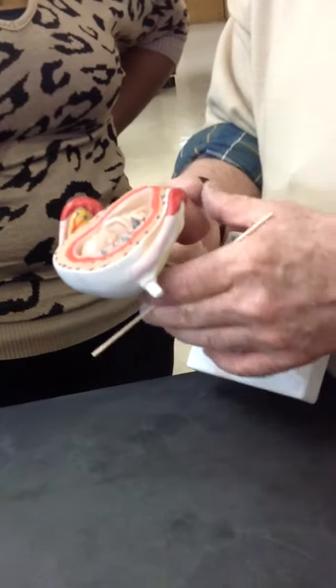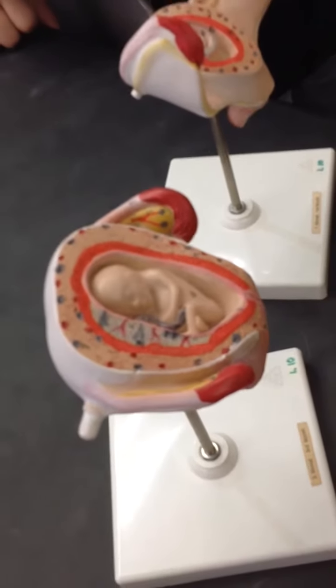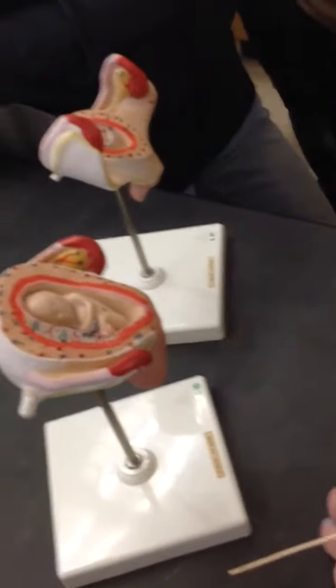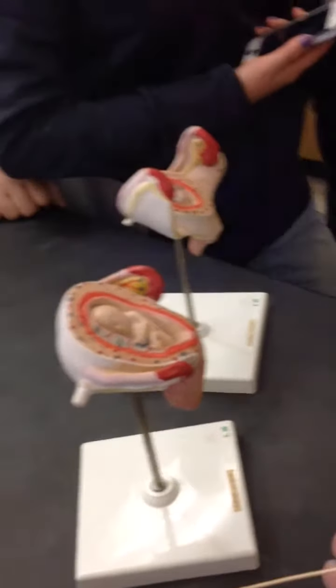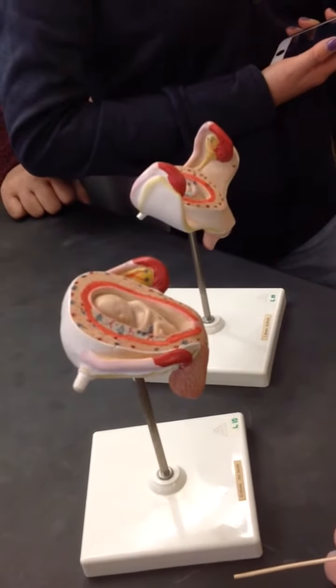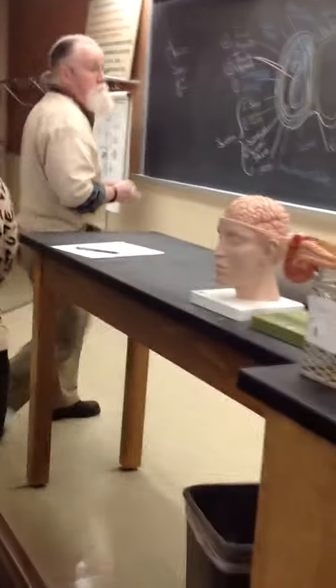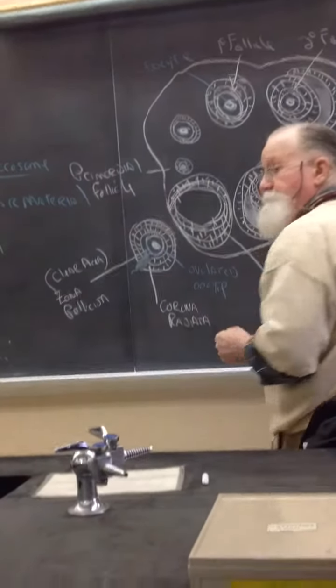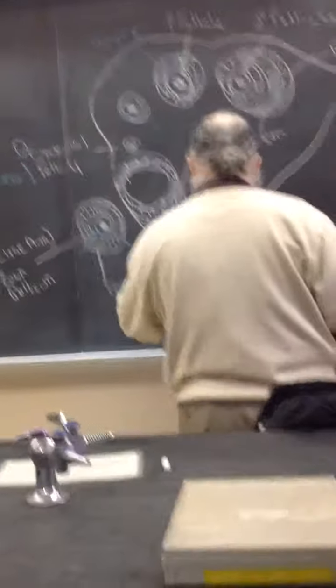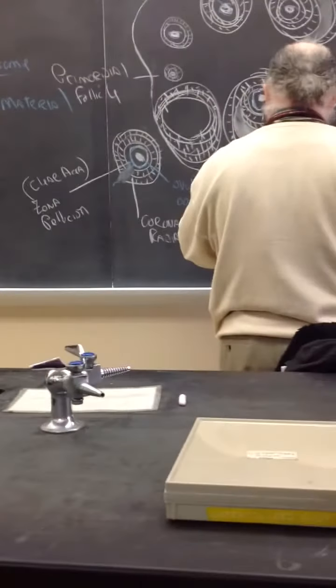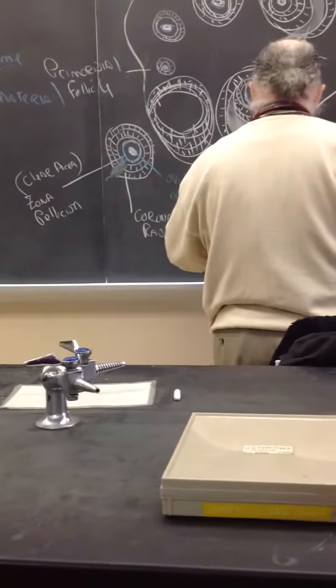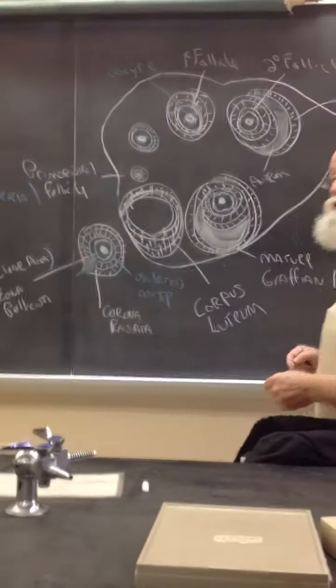Now, the chorion releases human chorionic gonadotrophic hormone, HCG. Human chorionic gonadotrophic hormone maintains the follicle as the corpus luteum.